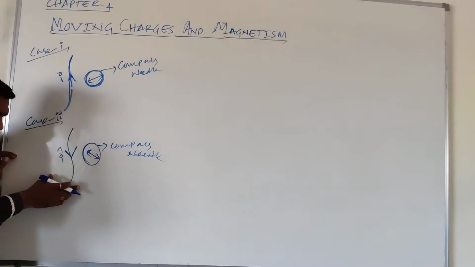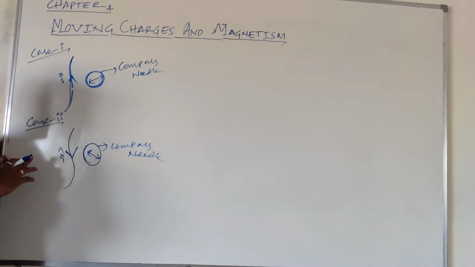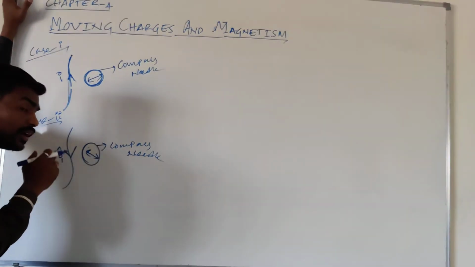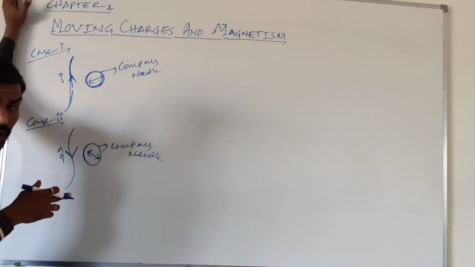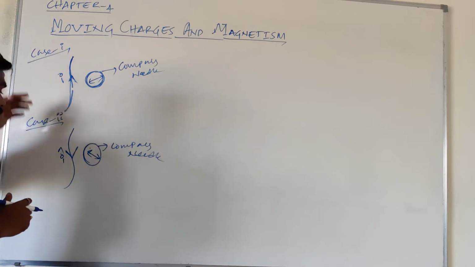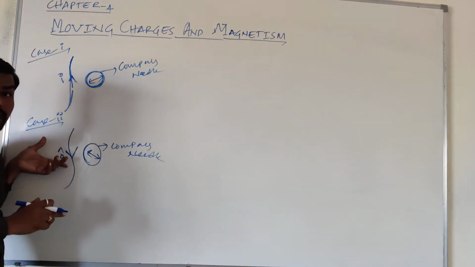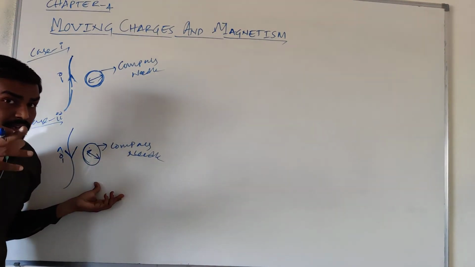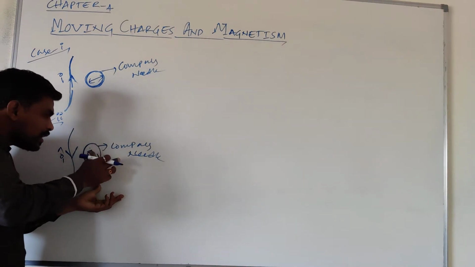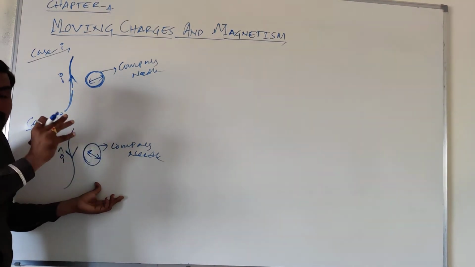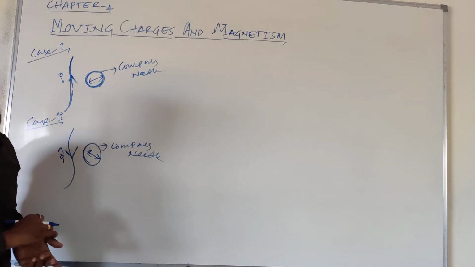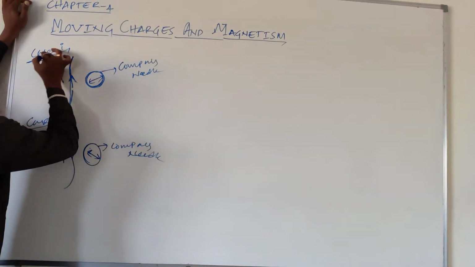When the current is reversed, the compass needle also changes its deflection. Right? Two cases we observed.